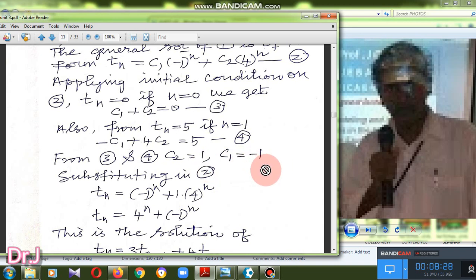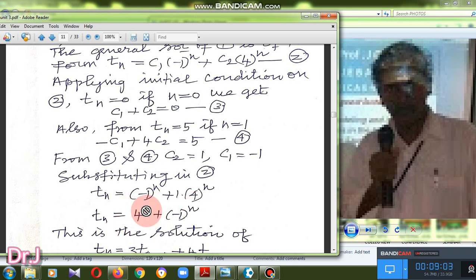So substituting these values of C1 and C2 in equation number 2, that is, the general solution of the recurrence relation given to us, we will get Tn equals minus 1 into minus 1 to the power n plus 1 into 4 to the power n, because the value of C1 is minus 1 and the value of C2 is 1. If you simplify, Tn equals 4 to the power n plus minus 1 to the power n.